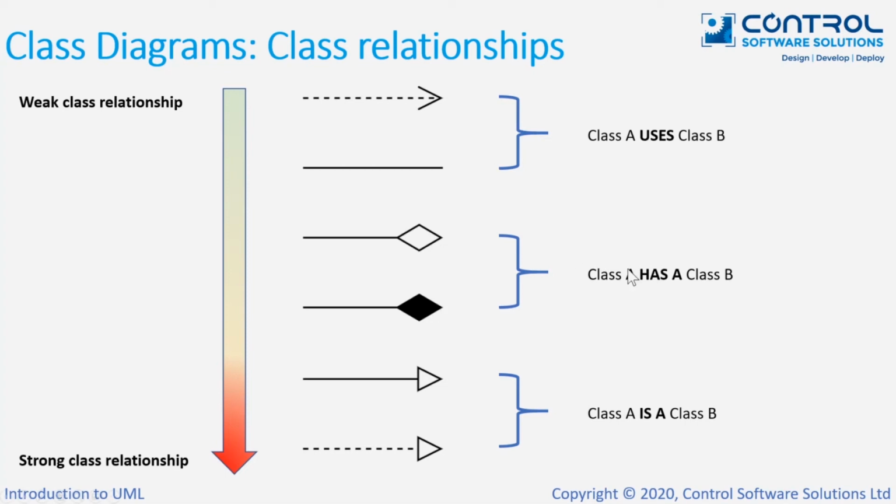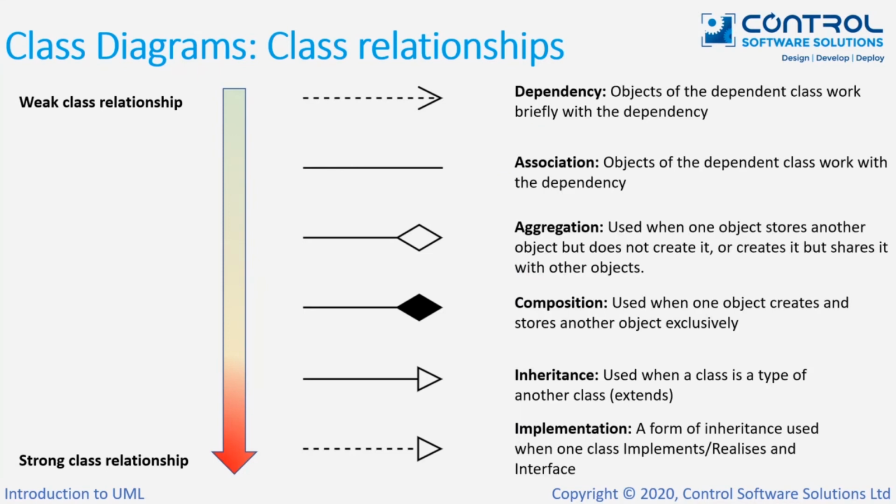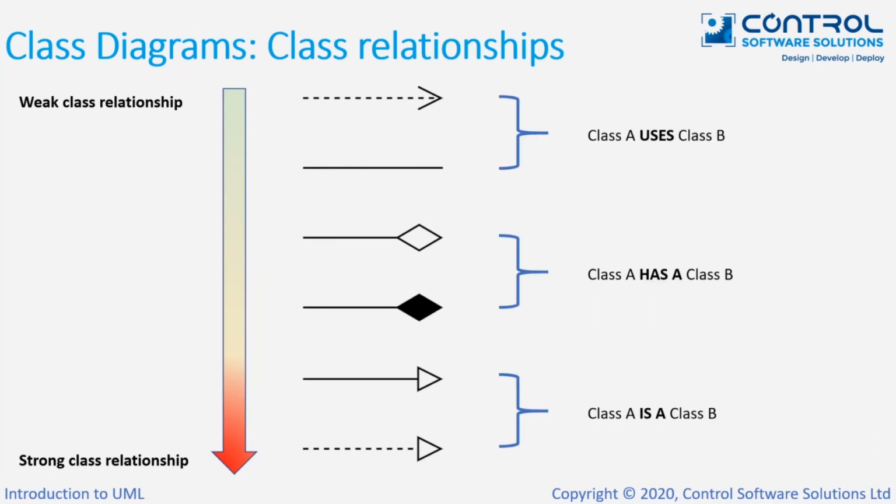These two diamonds, it's a has relationship: class A has a class B, an object of class B. Whereas these arrowheads, that's an is relationship: class A is a type of class B, and it inherits from it. So hopefully that makes a little more sense than those long descriptions.